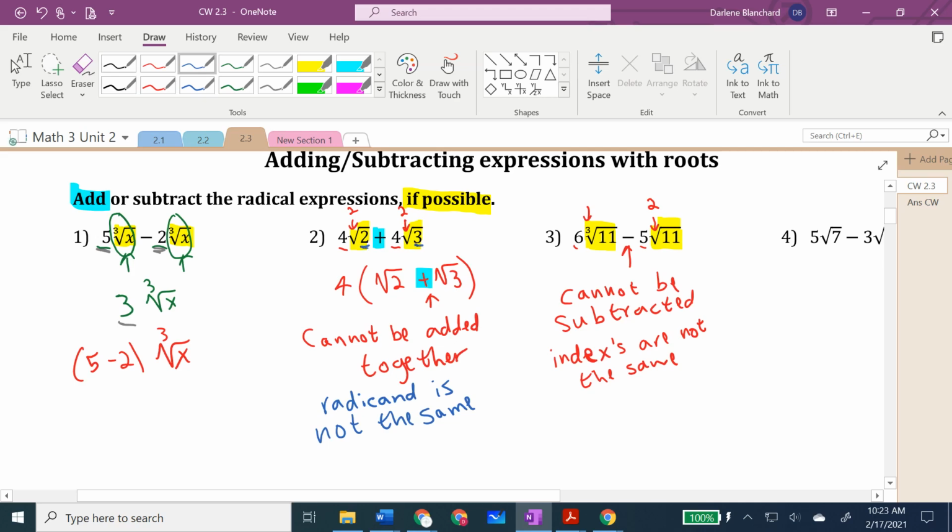And the radicand, I'm going to go back to your classwork from yesterday and show you. The radicand is the number that is in the root. The index is the number in the crease. Root expressions can only be added or subtracted if they are identical.